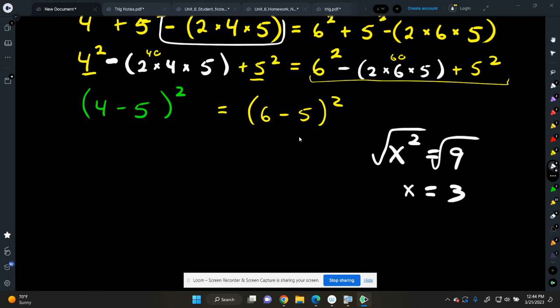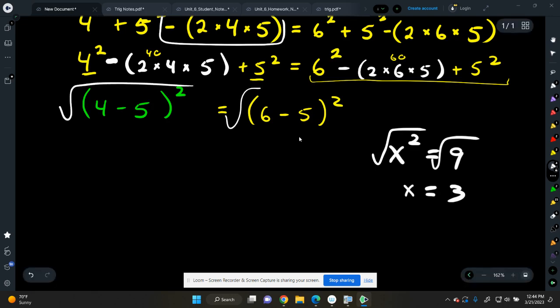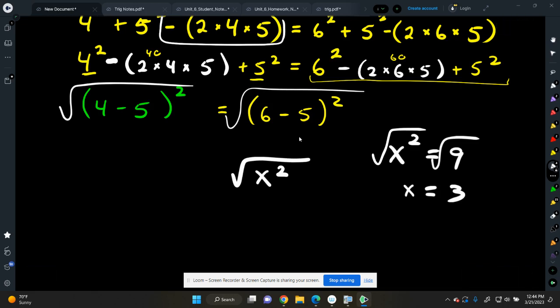So what happens if I take the square root of both sides here? What's the square root of x squared? It's x. So what's the square root of this squared? Yeah, 4 minus 5.